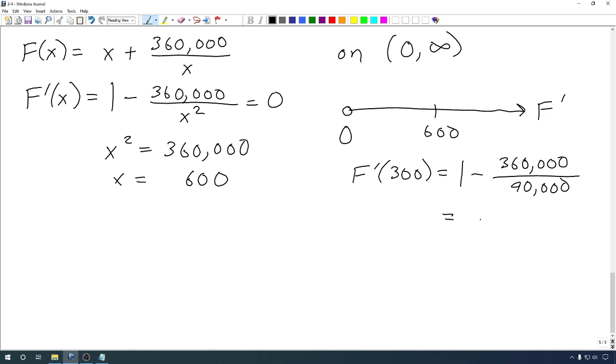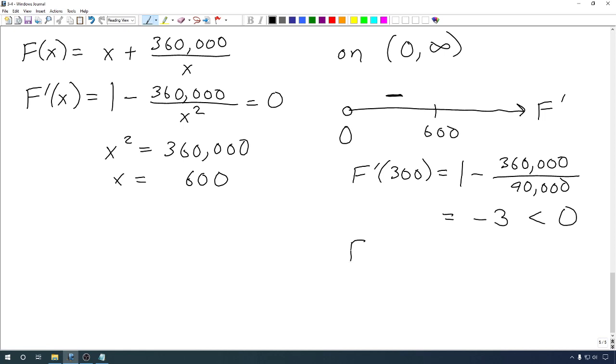And that actually simplifies very nicely to negative 3. Because 360,000 is actually 4 times 90,000. So this is 1 minus 4. Specifically here, and it really didn't matter exactly what this number was, it just matters that it is a negative number. We actually are decreasing on this interval here.